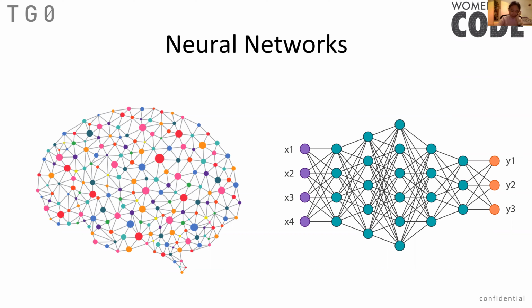Theoretically, if you have enough neurons, which mimic the millions of neurons in your brain, you can actually do what a human brain can do. But that is also limited by the computing capability of all these computers or cloud computers.